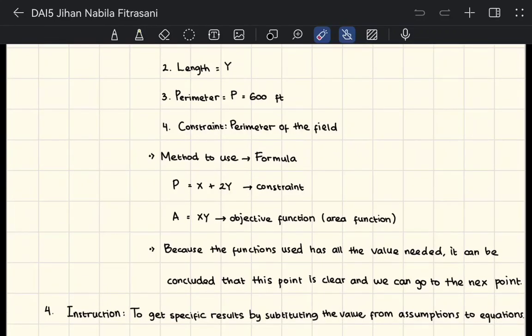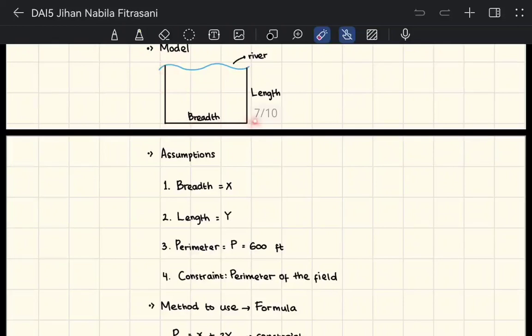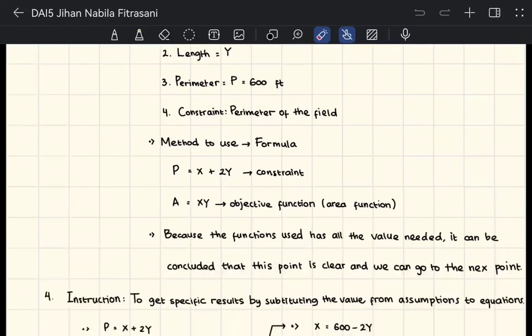As for the constraint formula, P equals x plus 2y. Why? Because this is the perimeter, and we add up the two lengths, that's why we multiply length by 2, plus the breadth because there's only one side of breadth.